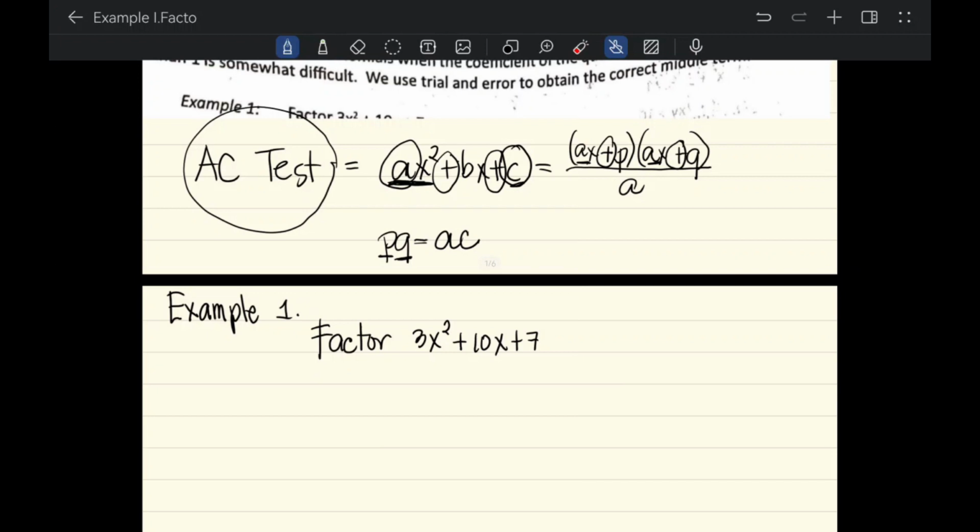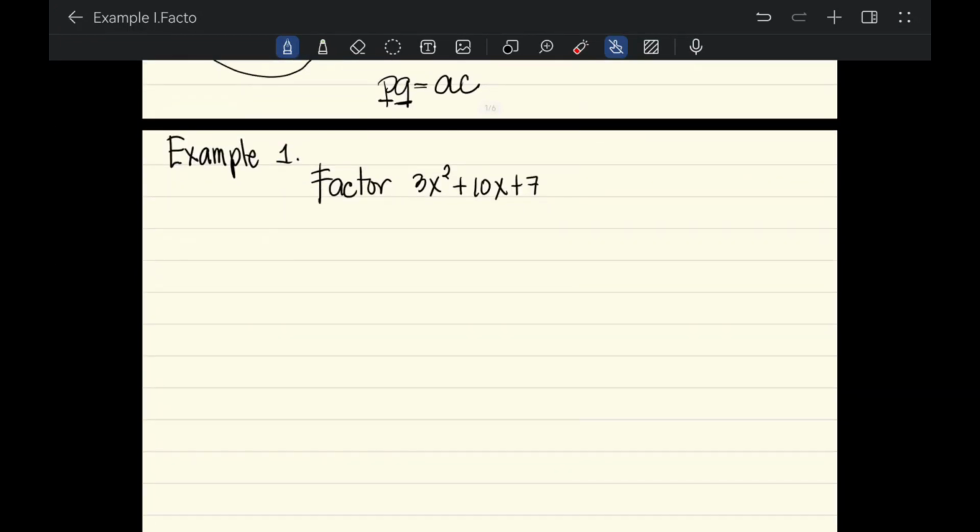Example number 1. Factor 3x squared plus 10x plus 7. Step 1. First step is to multiply the constant. Our constant here is the one that has no variable, the third term.